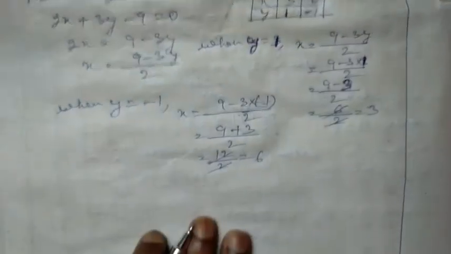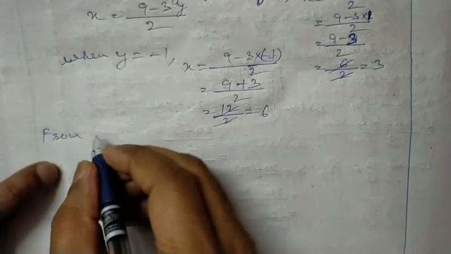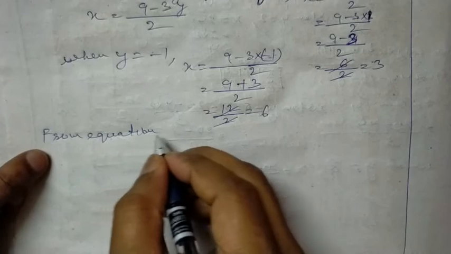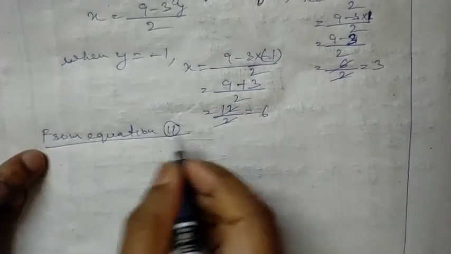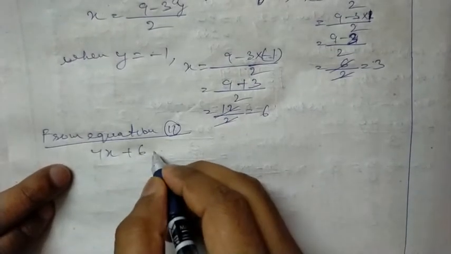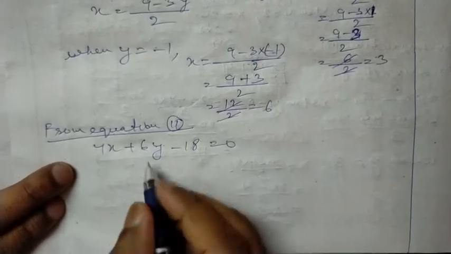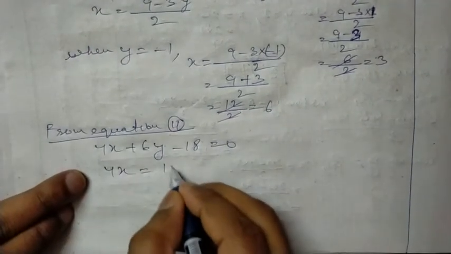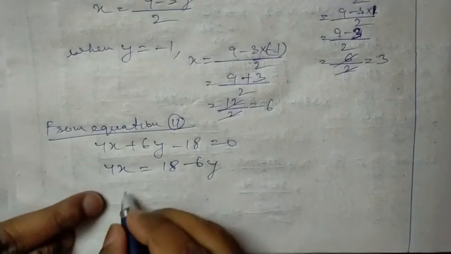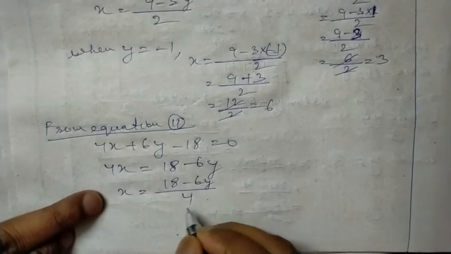Now from equation 2, our equation 2 was 4x plus 6y minus 18 equal to 0. So 4x equals 18 minus 6y, so x equals (18 minus 6y) divided by 4.